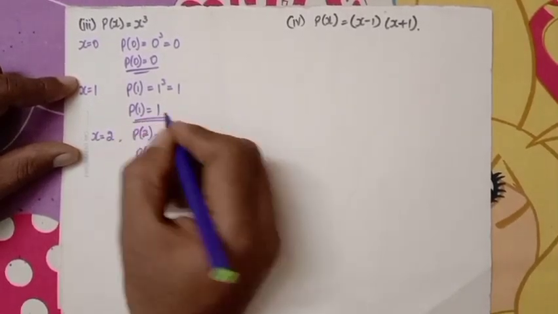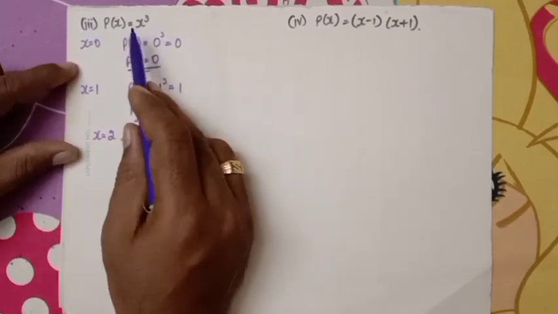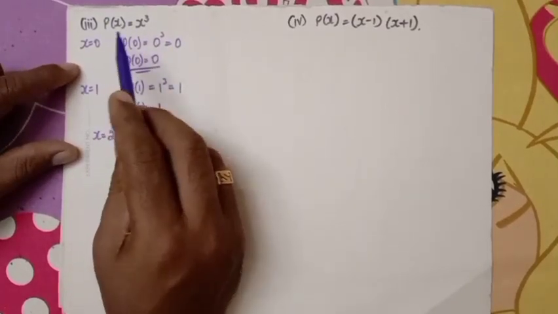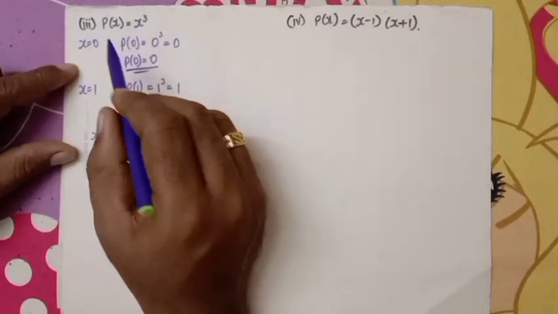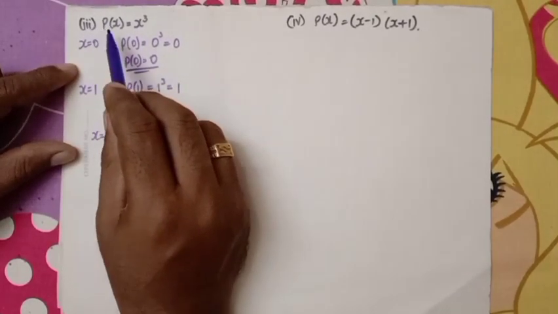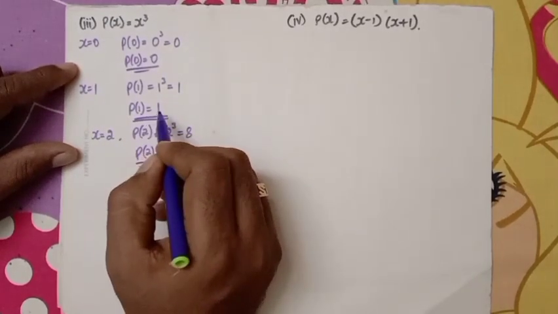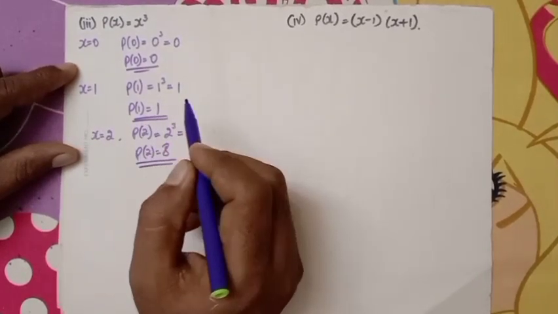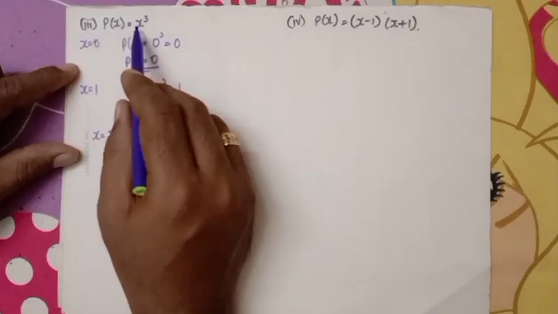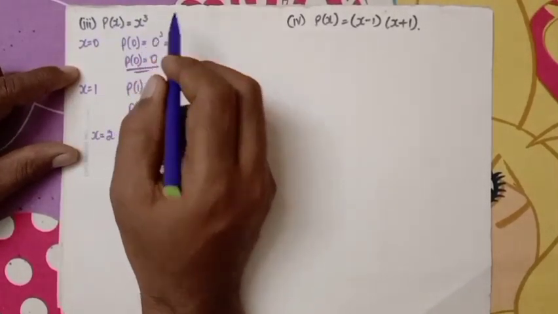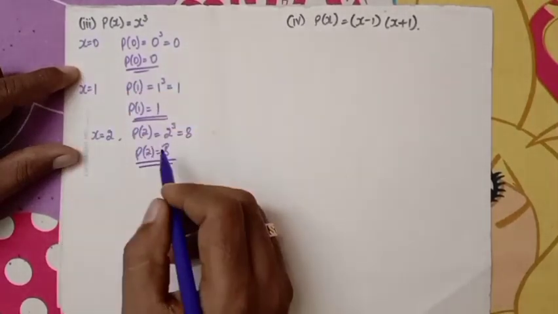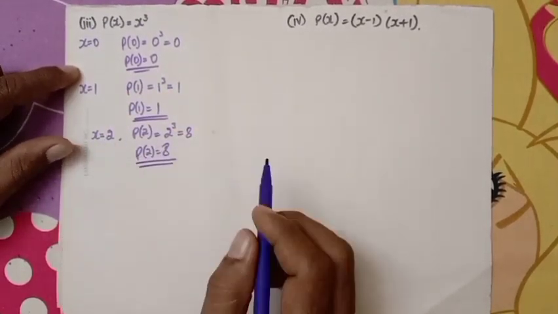So the value of the polynomial p of x is 0 at x is equal to 0. And we can say the value of p of x is 1 at x is equal to 1. And the value of p of x is equal to x cube, the polynomial is 8 at x is equal to 2.